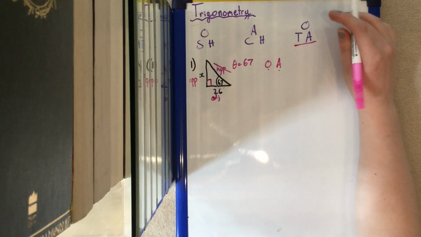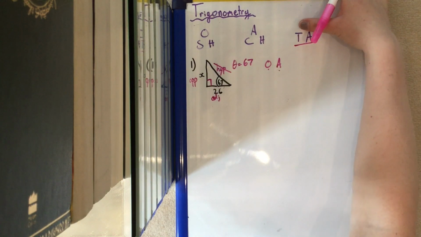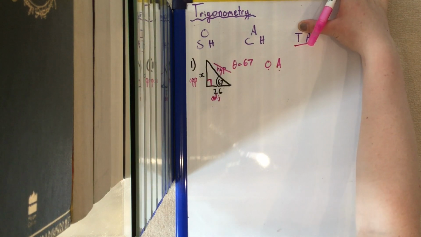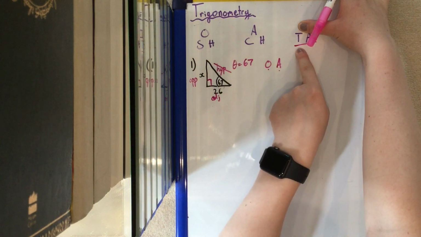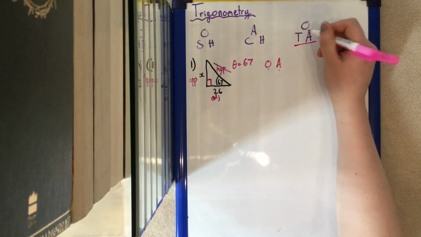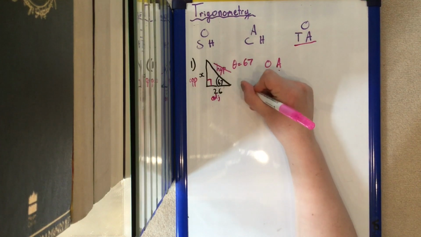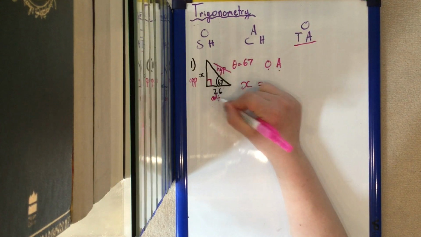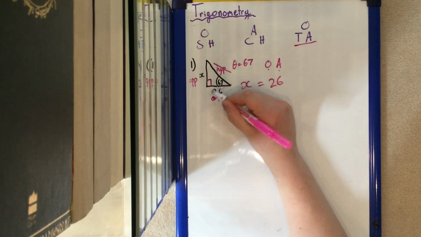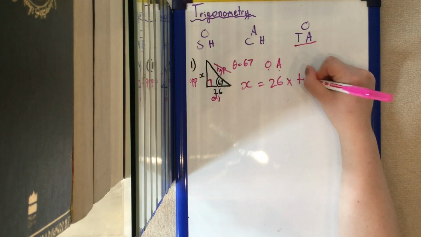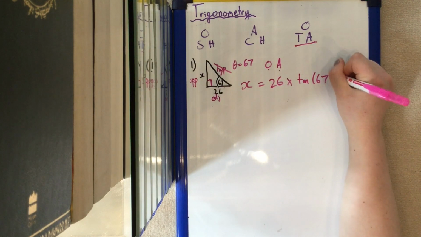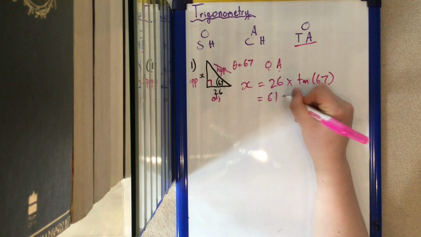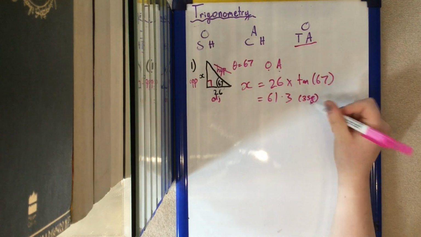So what I do is I use my thumb and I cover up the O in TOA. And this leaves me with tan times adjacent will give me the opposite. So x is going to be 26 from the adjacent multiplied by tan of 67, which gives me 61.3 to 3SF. Always write your significant figure numbers down.